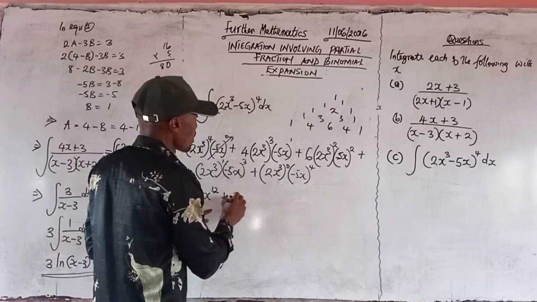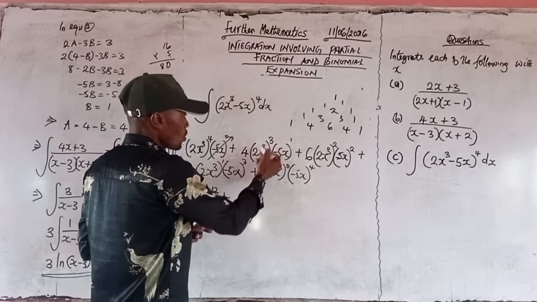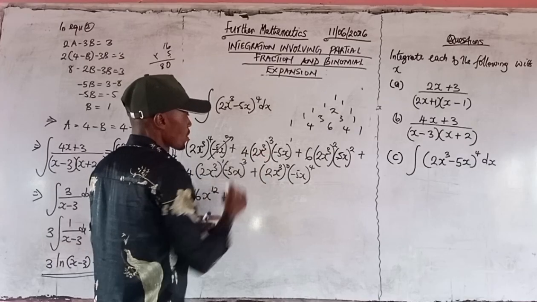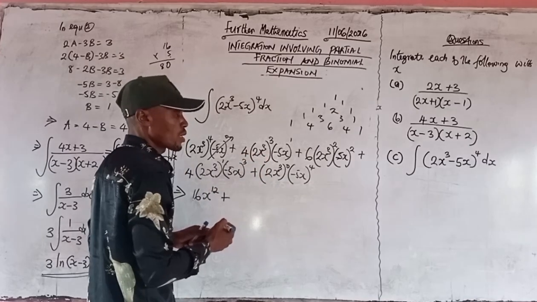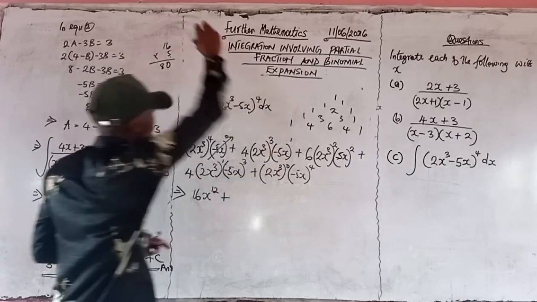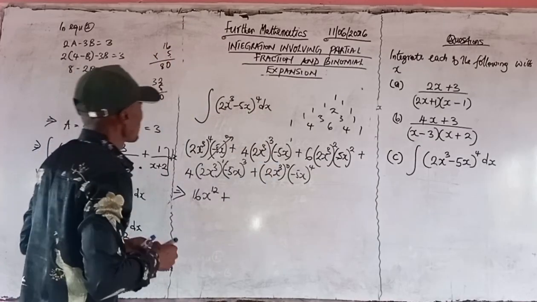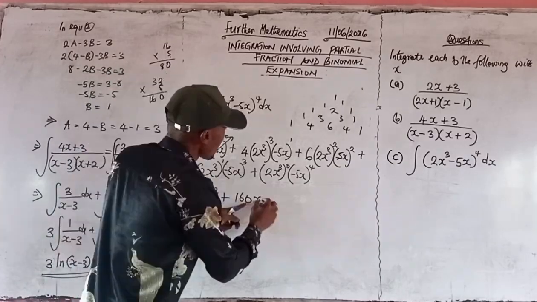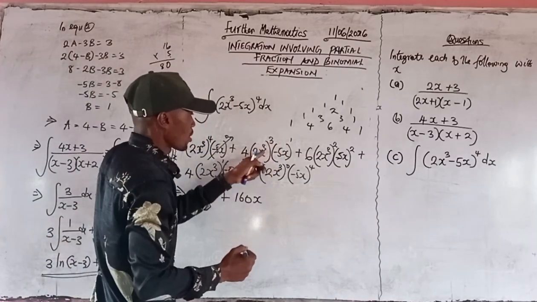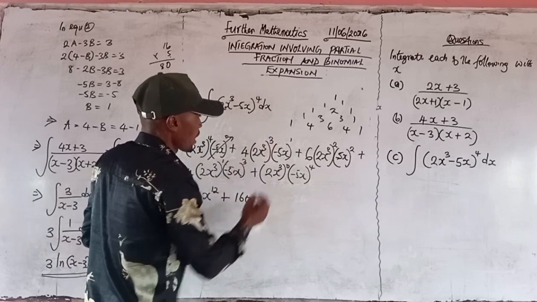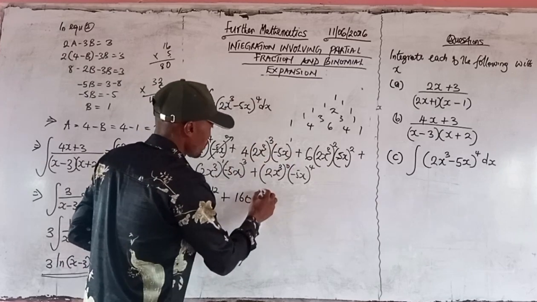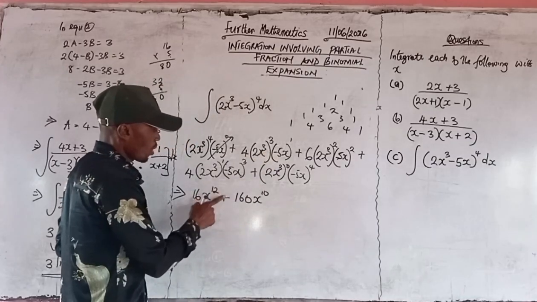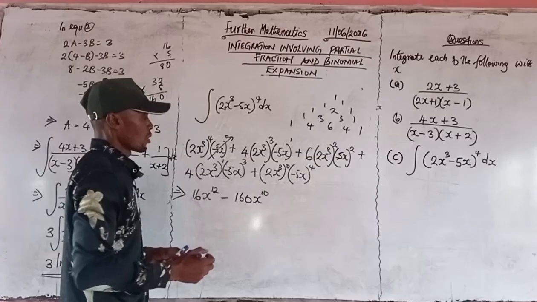So we have plus 2 to the power 3 is 8. 8 times 4 is 32. 32 times 5 is 160. So we have x to the power 3 times this, that is 9, and times this we have to the power 10. Remember there is a minus here, so we are going to have minus there.